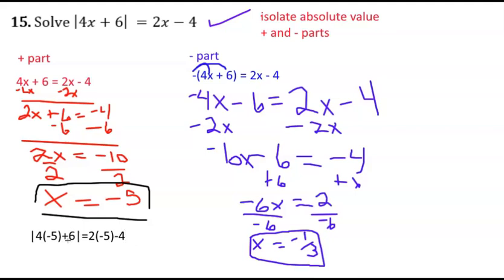So from this right here, we can see that this is going to be -14. An absolute value cannot equal a negative number, so -5 is extraneous. We'll do the same thing for -1/3.